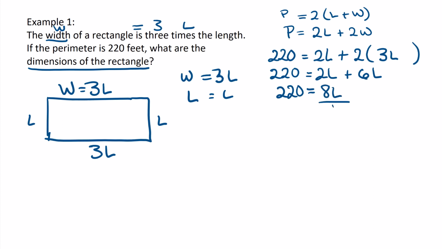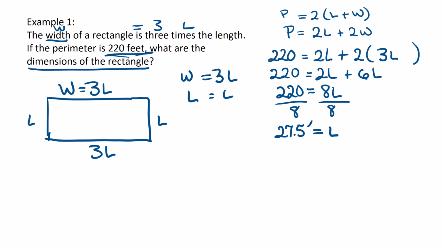And then if I divide both sides by 8, this isolates the L variable, and if I go ahead and put 220 divided by 8 into my calculator, I get 27.5, and this is in feet. So length is 27.5 feet.